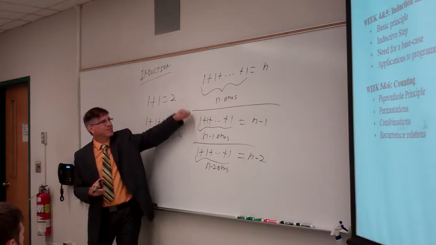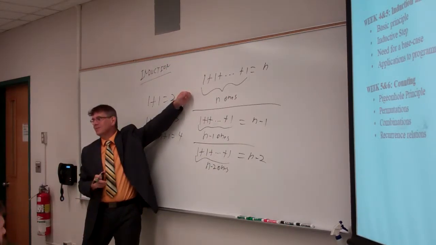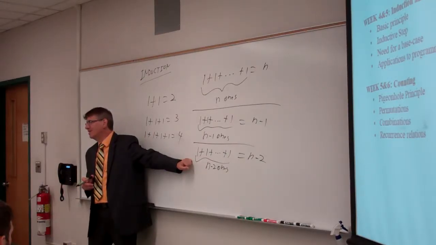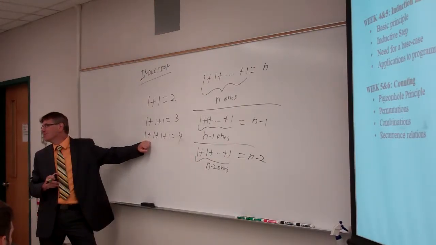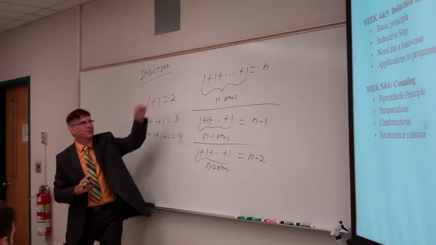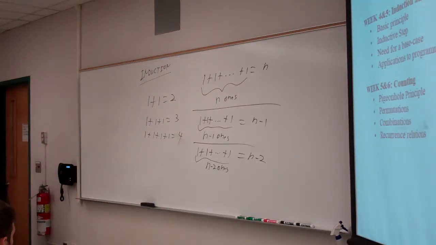And then once I prove this, I can prove this. But how do I know this? Eventually I'll get down to this. And I know this because I can pop it into my calculator. And then I can work backwards. That's mathematical induction. And it's a way to formalize this proof process.